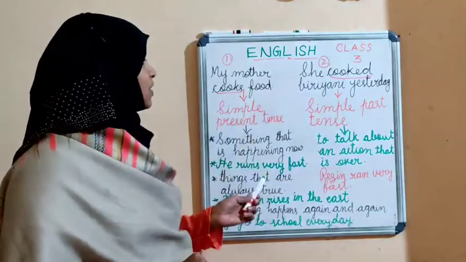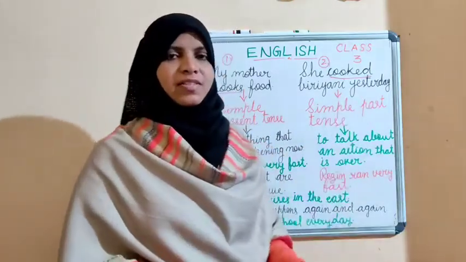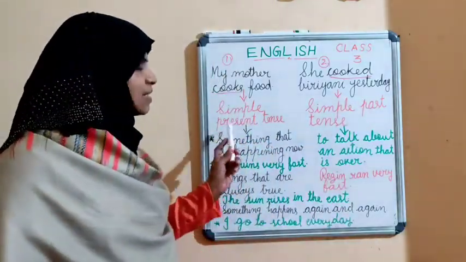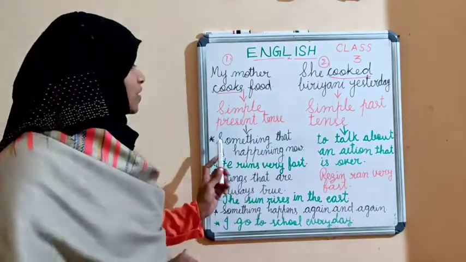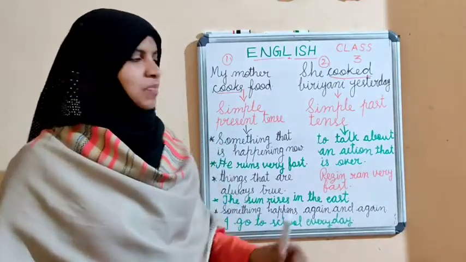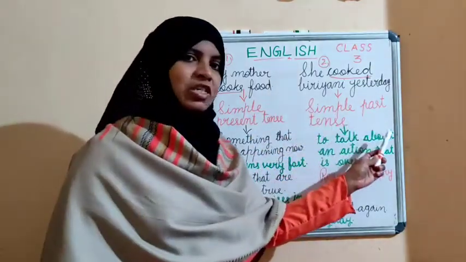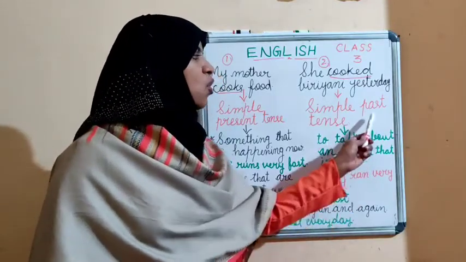Now let us check what is simple present tense and what is simple past tense. The answer is in this sentence only. Present. It's happening now. Something that is happening now. Present. And what is simple past tense? To talk about an action that is over.